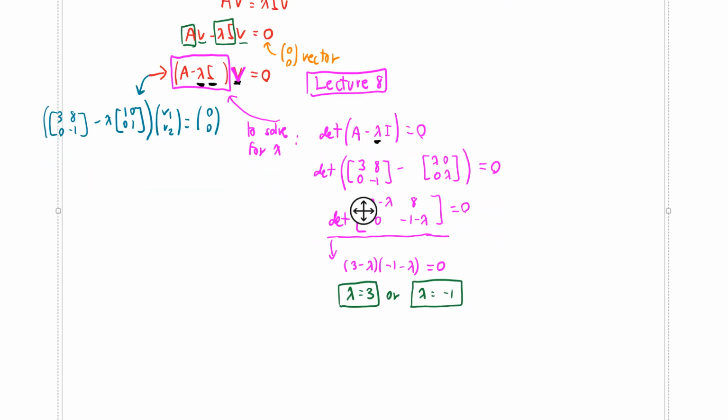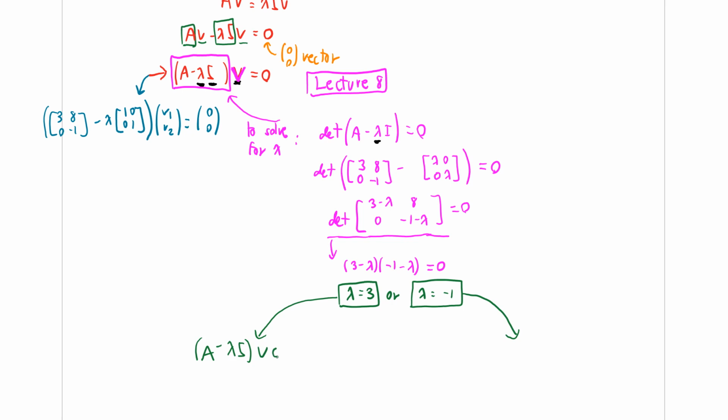So I need to do this in two cases, when lambda is equal to 3 and when lambda is equal to negative 1. In each of the cases, I have to write down A minus lambda I, and I need to solve for v such that A minus lambda I times v equals 0. So this is I, by the way.